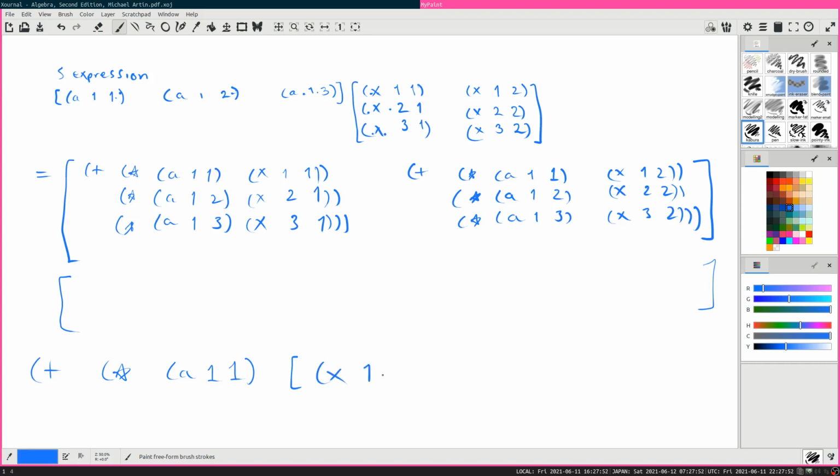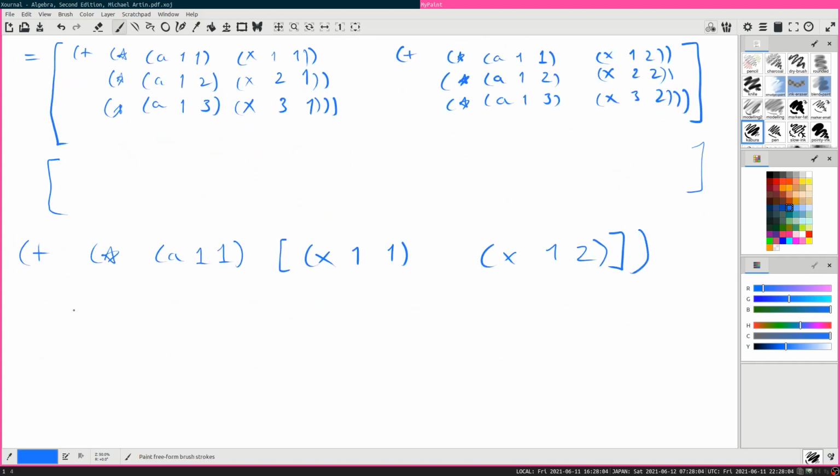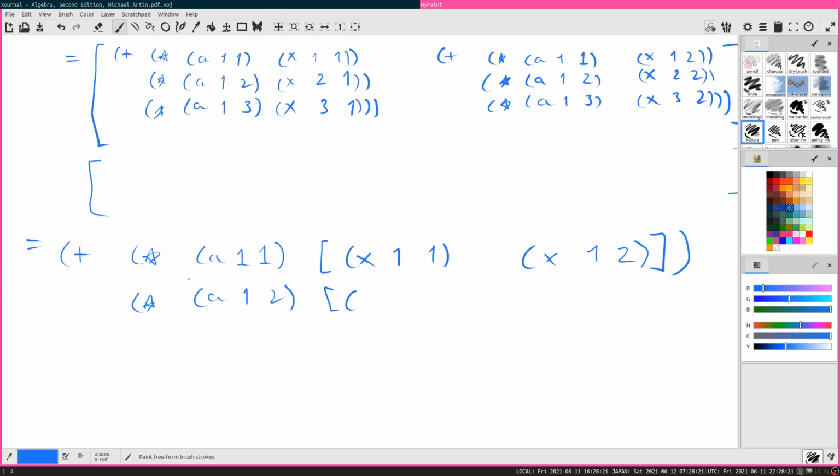So x1, 1, x1, 2, and then close the times. Let's do another times. Well, let's look at where A12 occurs. A12, and then we have another vector, x2. I'm just rewriting the above thing, so this is equal to the above thing. So this is x2, 1, x2, 2. I'm getting carpal tunnel in my hand.